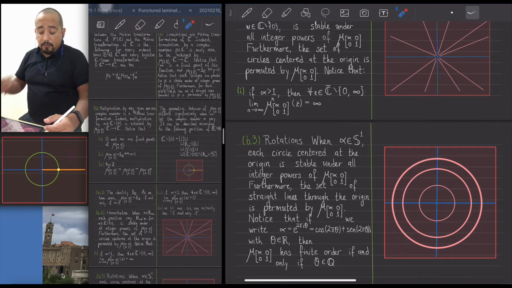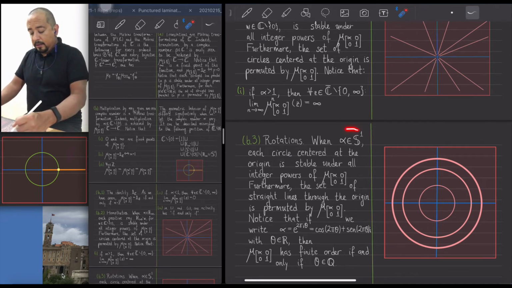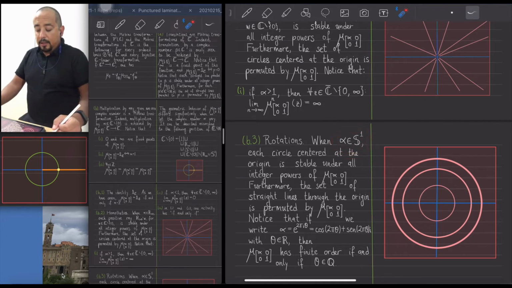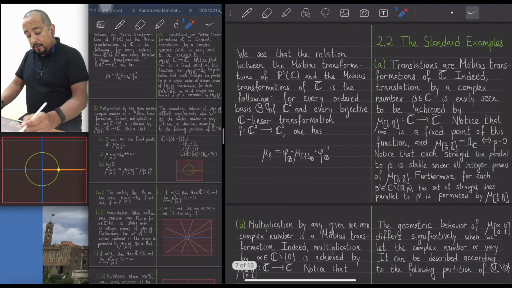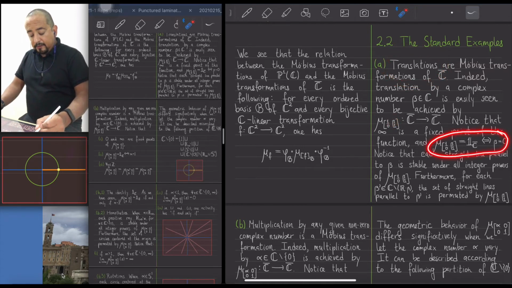what else? One last piece of analysis in this situation. While in the case of translations, as long as it's not the trivial translation, not the identity, this one has infinite order, right?